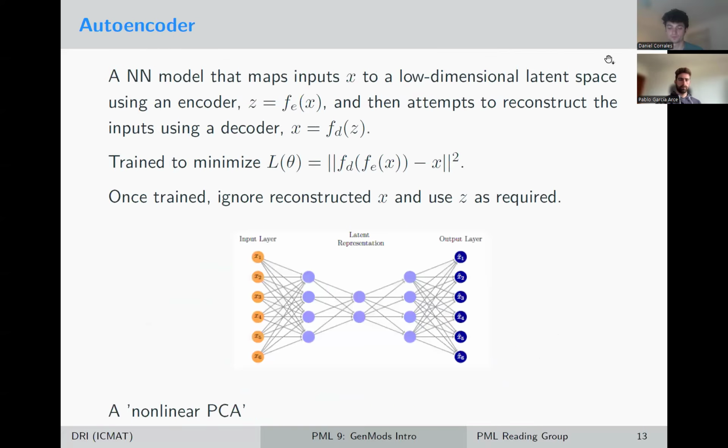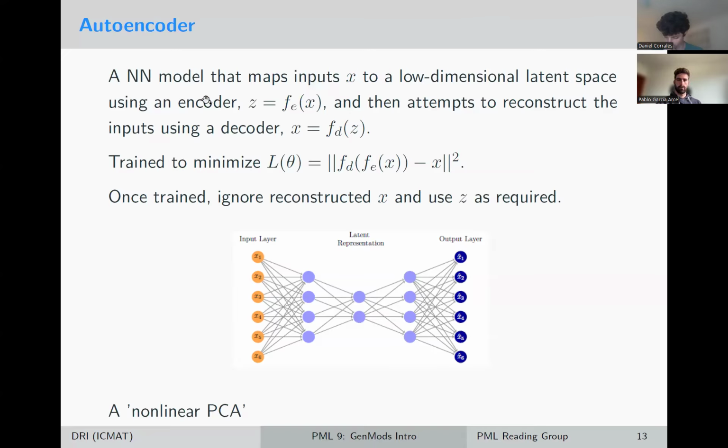Okay, so this relates to an earlier class of models, which are autoencoders. Autoencoders are a class of neural network models which originally were introduced to map inputs, the X's, into a lower dimensional space, the Z's.